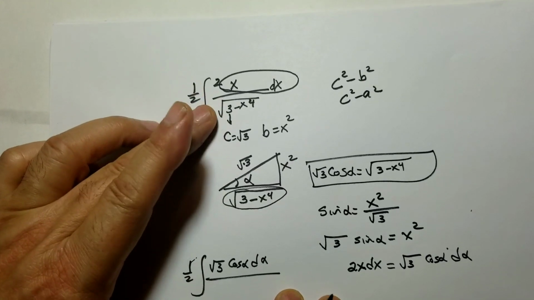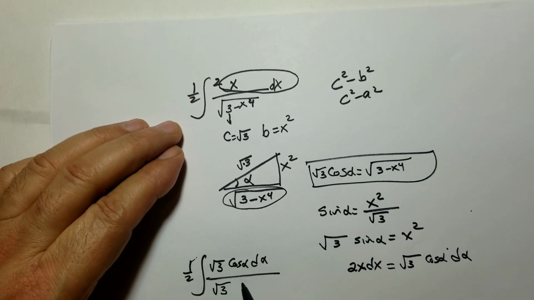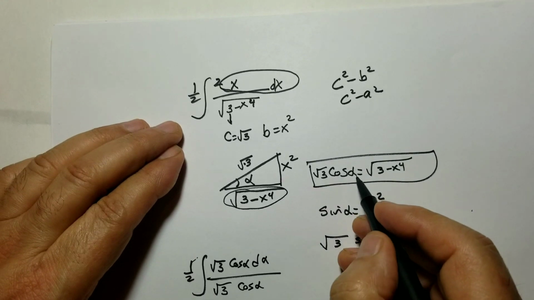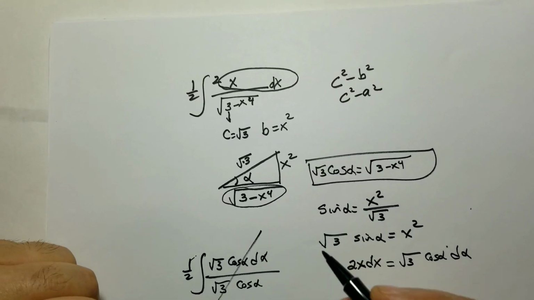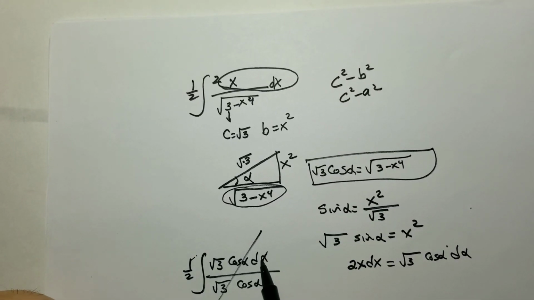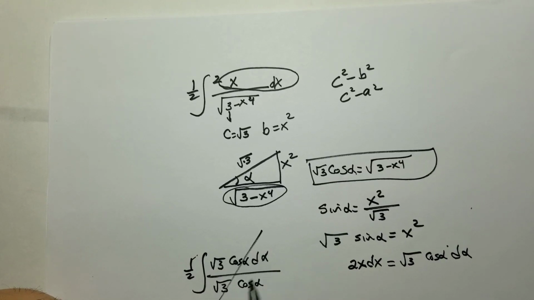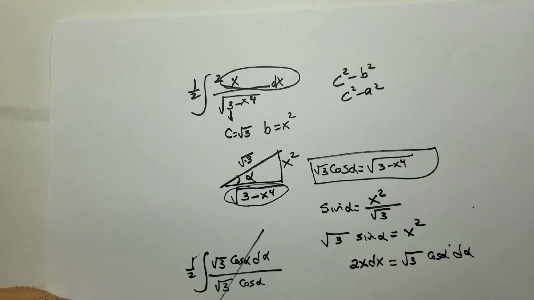The bottom is square root of 3 cosine of alpha. And see, boom, that cancels. What is left? Only 1 d alpha. And what function in terms of alpha has derivative 1? It is alpha plus c.